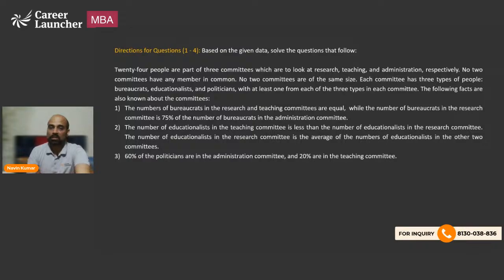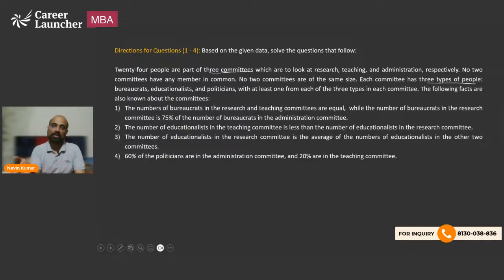So if we have once glanced through it, what do you think would be the most appropriate way of representing the data that we have? The best way. So we have got 3 committees, and then we have got 3 types of people, right?